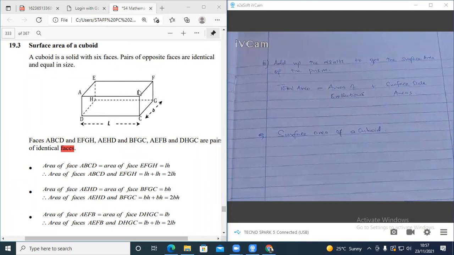So how many pairs are there? How many pairs of faces are on a cuboid? Put up your hand.